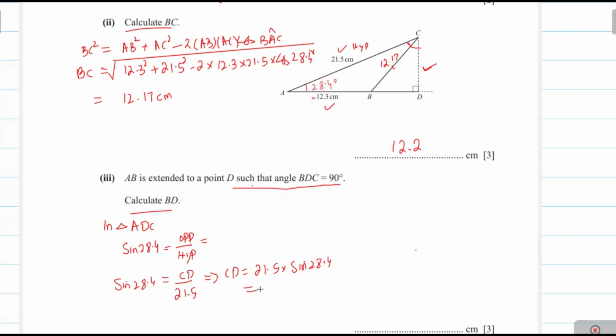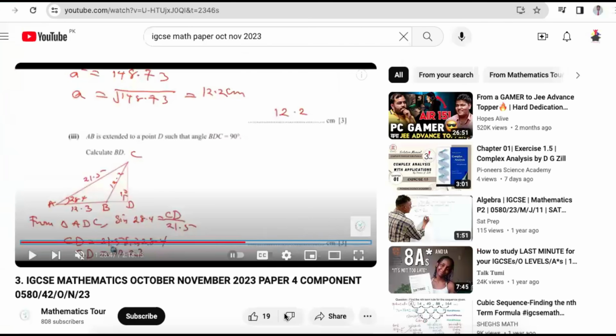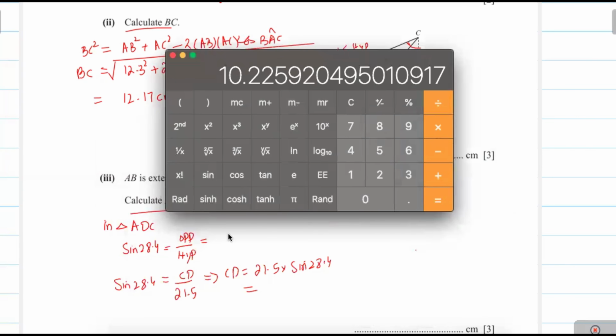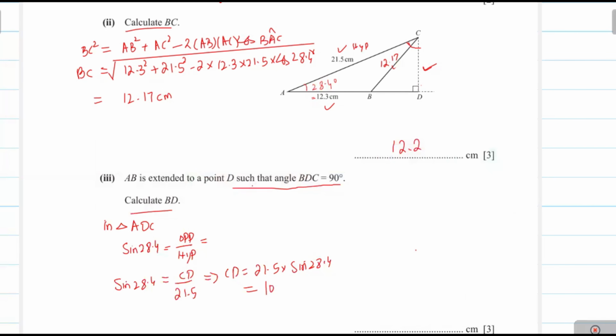Now we calculate it, and this will be equal to 10.225, 10.23 centimeter. We write here 10.23.